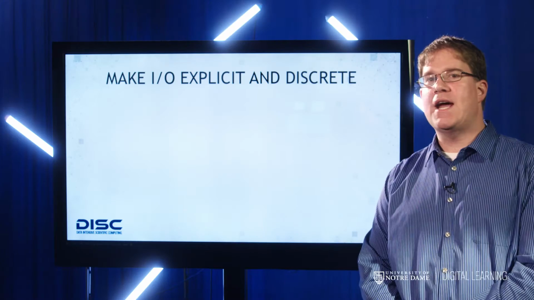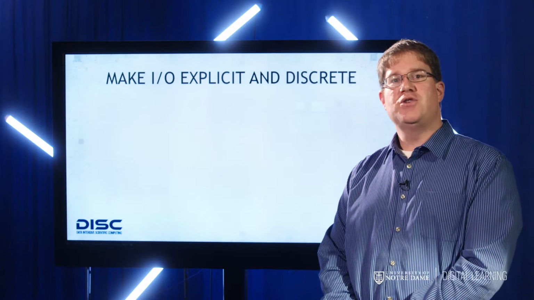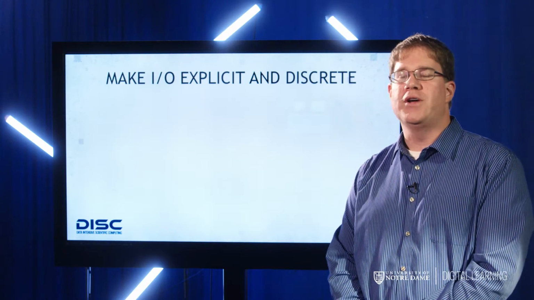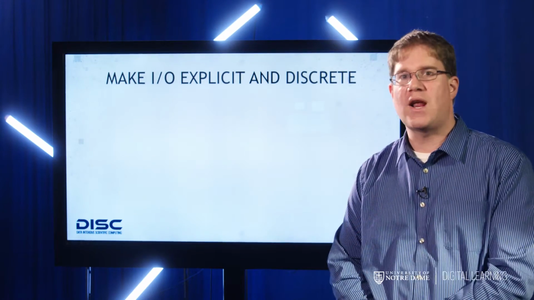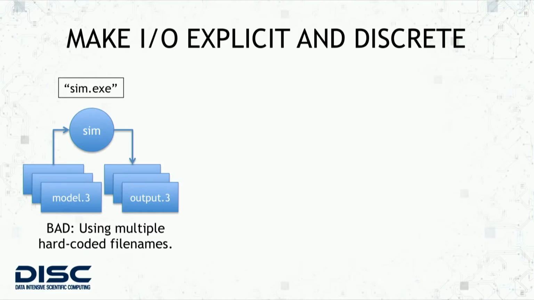Now, as you're planning out your code in your programs, you should make your input and output explicit and discrete. Here's what I mean by that. What you don't want is a program that reads and writes file names that are hard-coded into its program. So here's an example of a simulation that has hard-coded in that it's going to read models 1, 2, and 3 and produce outputs 1, 2, and 3.